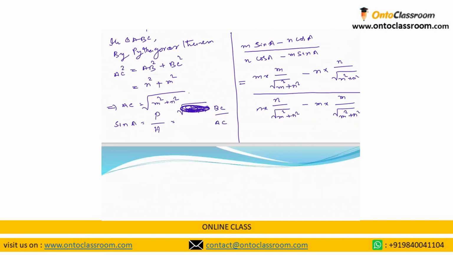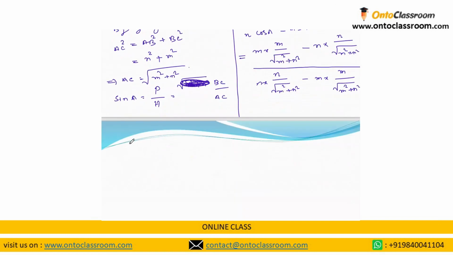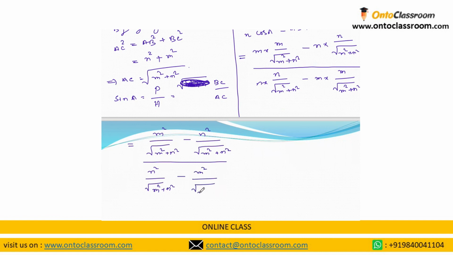I'm moving to the next page. See, now we have m square divided by under root m square plus n square, minus n square divided by under root m square plus n square, in the numerator, and the whole divided by n square over under root m square plus n square minus m square over under root m square plus n square. If you observe in the numerator, both LCMs will be the same, under root of m square plus n square.